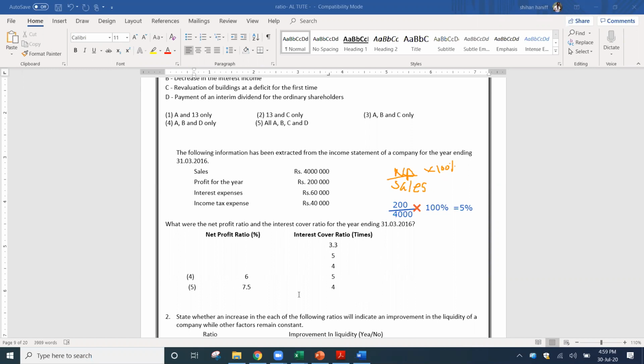Yeah, interest cover equals profit before interest and tax, earnings before interest and tax, divided by interest expense.